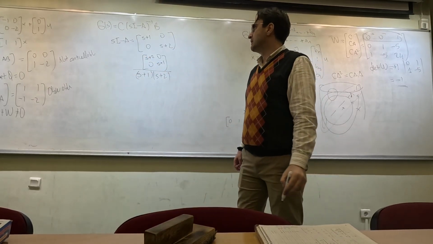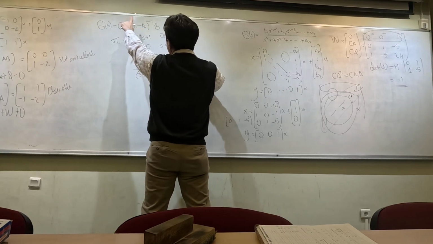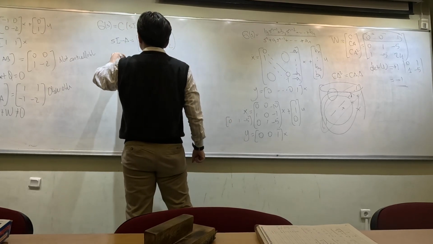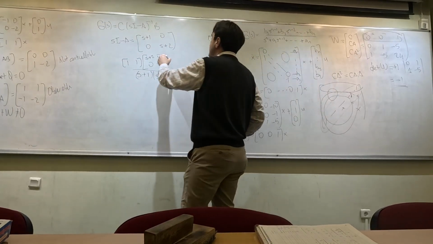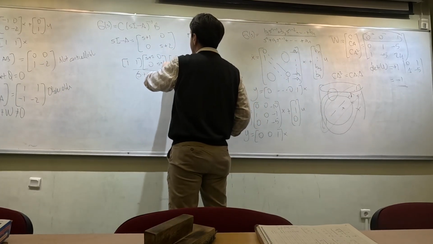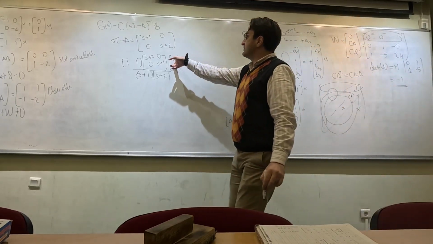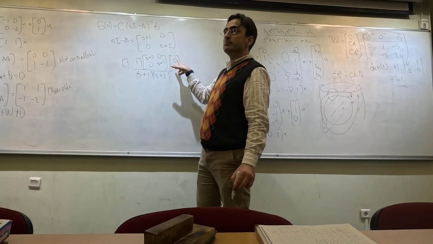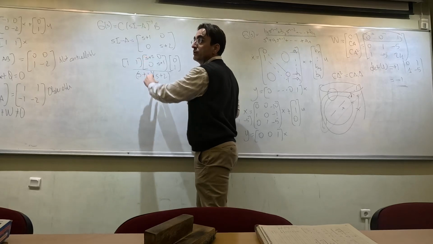Okay? Now I will multiply this inverse, this is (sI minus A) inverse. I will multiply this with C from the left. C is [1, 1]. Okay? And B from the right. It is [0; 1]. So we see that this multiplication is going to get the second column, okay? And this multiplication is going to sum the two rows, okay?